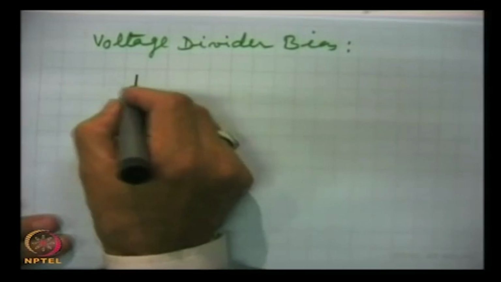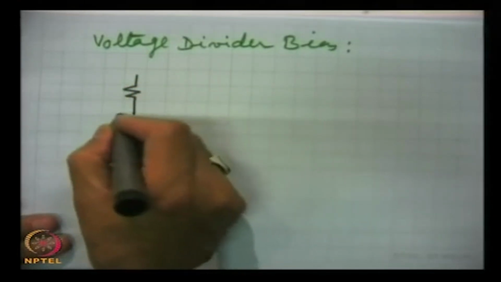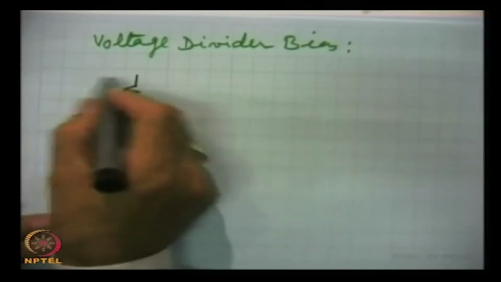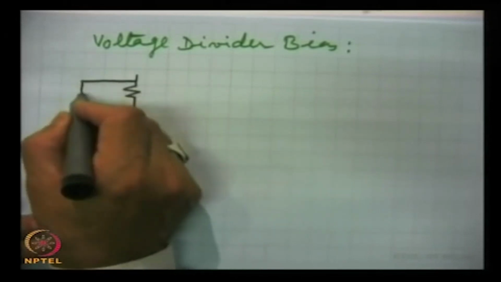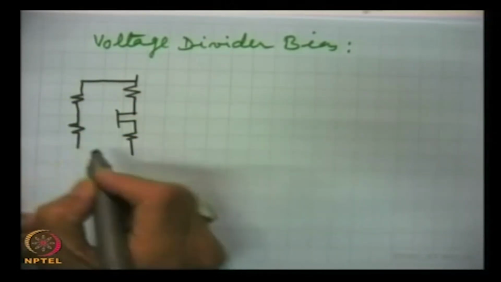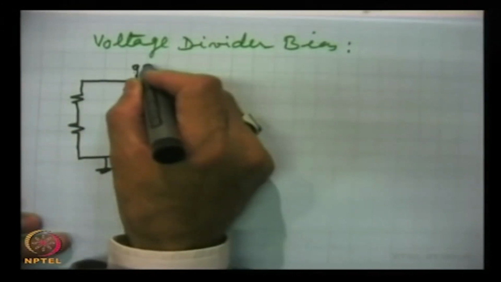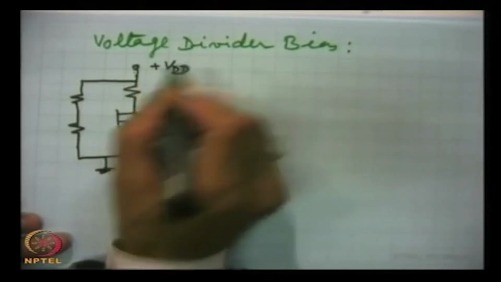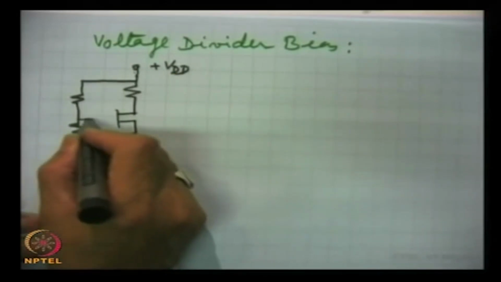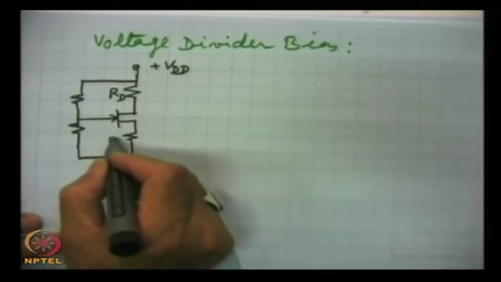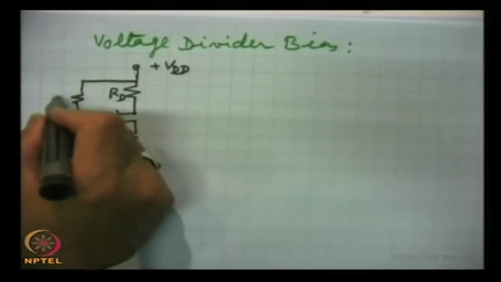Now, the circuit is this, this is VDD, this is RD, RS, R1 and R2.